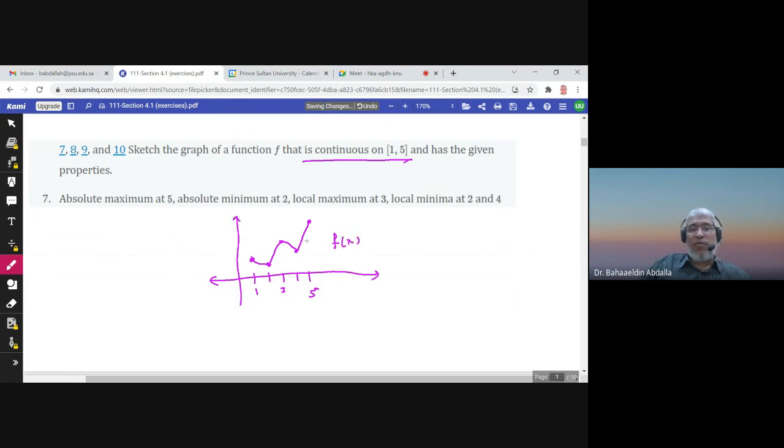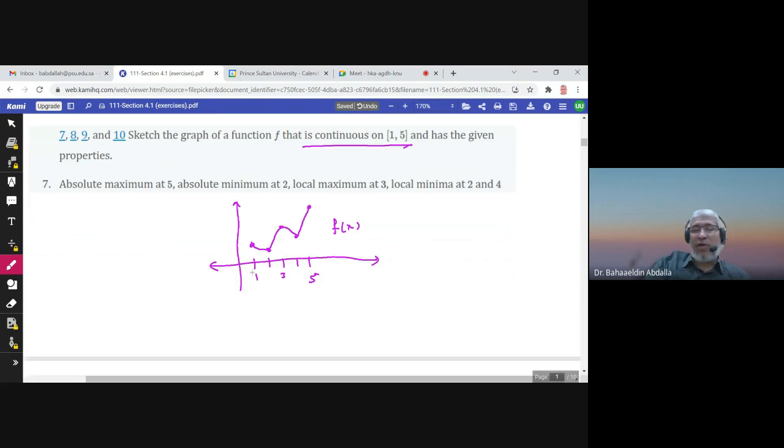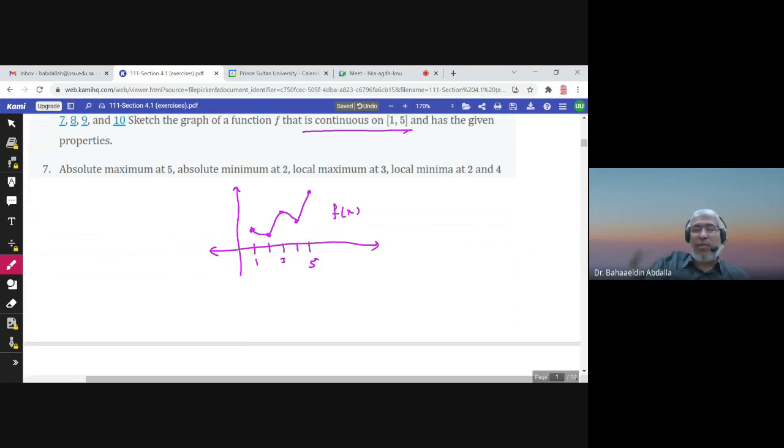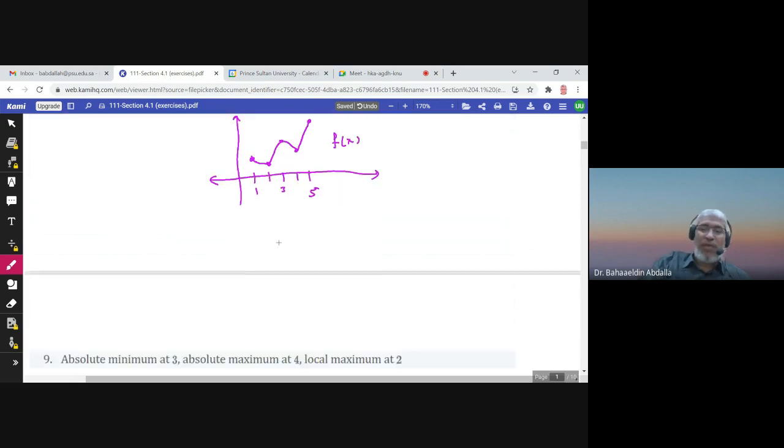F of 5 is an absolute maximum, f of 2 is an absolute minimum, f of 3 local maximum, f of 4 local minimum. F of 2 also is a local minimum, plus it's an absolute minimum.